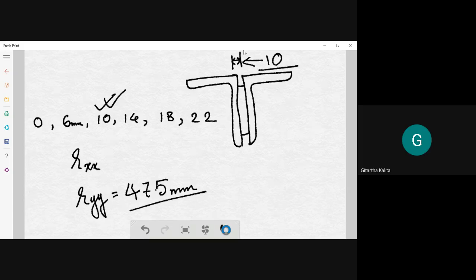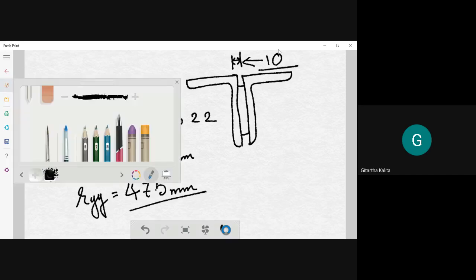And Rxx is not dependent on the spacing. Rxx is also there in the same table. It is 47.4 mm. So basically we have got the data that we require mainly.